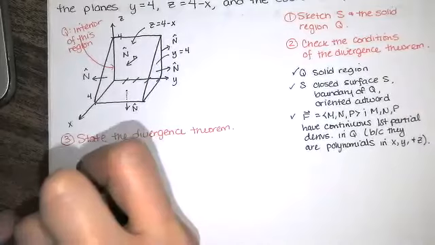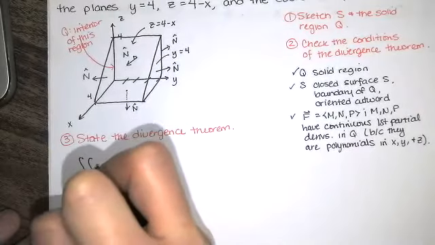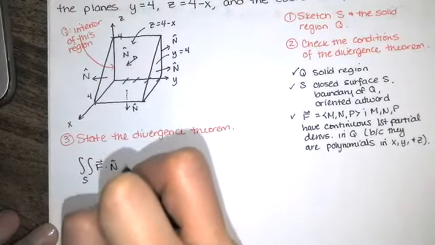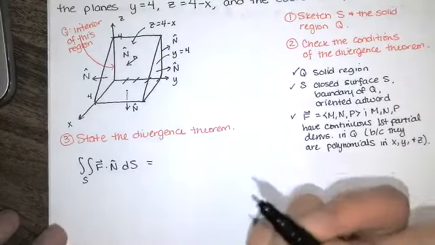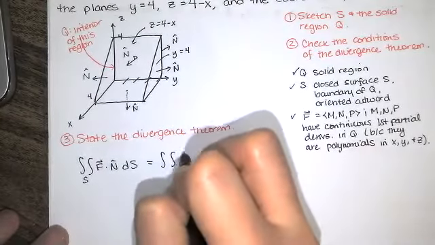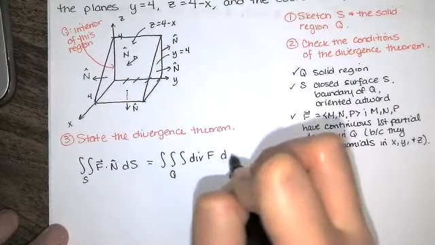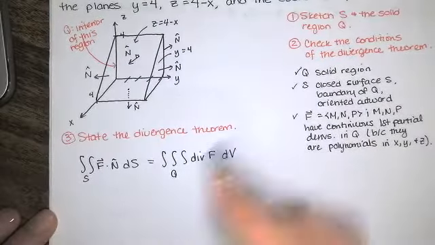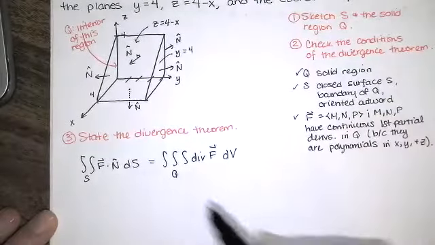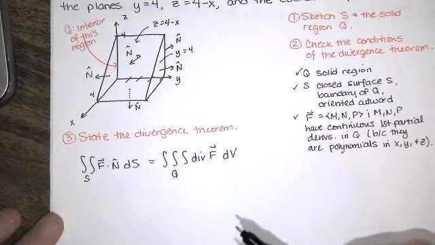But instead of doing that, we're saying you don't have to do these 5 surface integrals. Instead, do this, the triple integral over Q of the divergence of F. So we need the divergence of F, and then we need to describe Q.